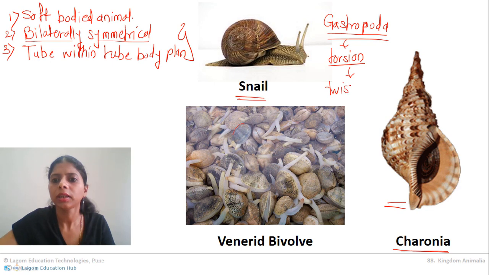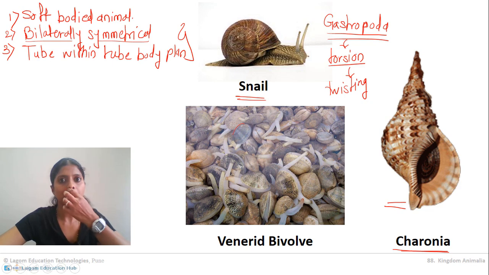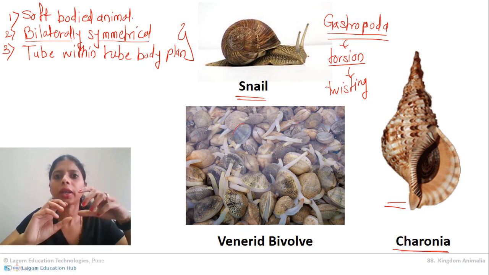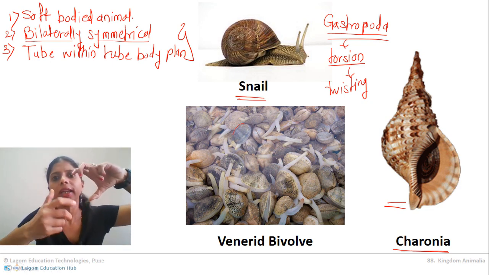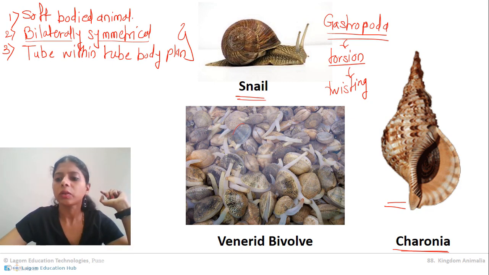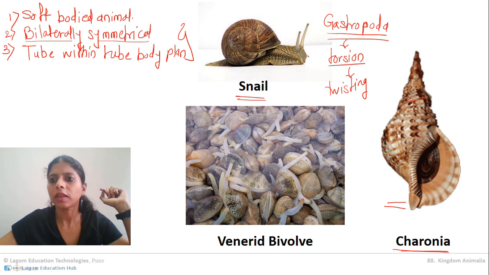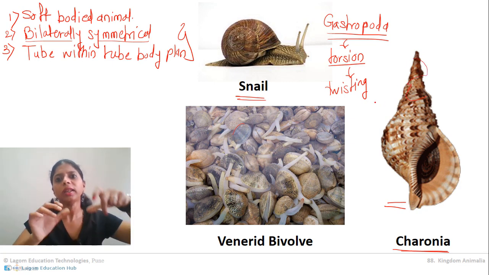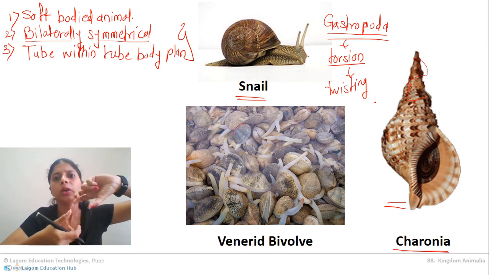What does it mean? Body twisting. So, what happens in these animals? When they are undergoing development, their body gets twisted, okay? So after twisting, the body can fit in this circular shell, understanding? So to fit the body inside the shell, they need to undergo torsion.